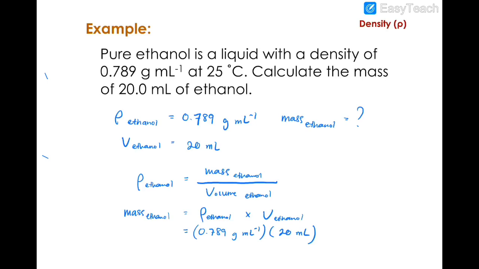Okay, so in this case, perlukah kita tukar sebenarnya volume tu jadi liter? Nope, tak perlu, because the density kan dia gram per milliliter kan, so tak payahlah tukar jadi liter. So milliliter ni nanti kita boleh cancel out. Okay, therefore the answer for this is 15.78 gram. Okay, so very simple juga.